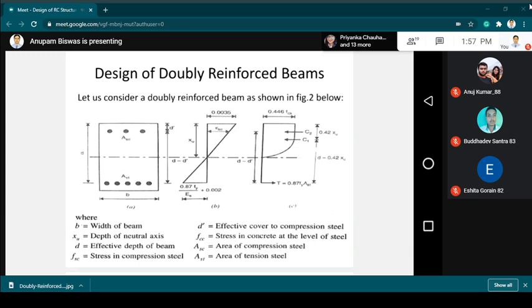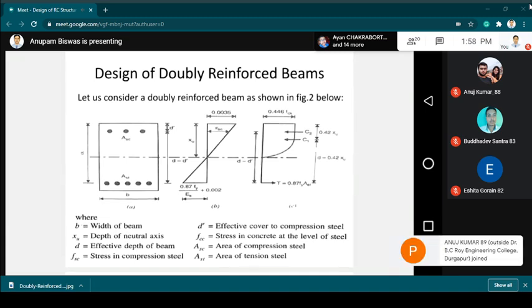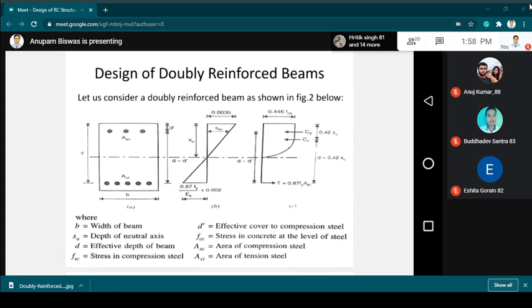The strain diagram is similar. The values you can see are similar. For your compression zone, the strain value is 0.0035. Xu is the distance where the compression zone due to concrete is falling.